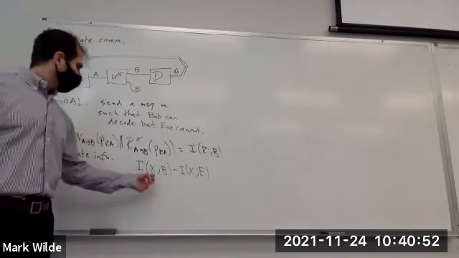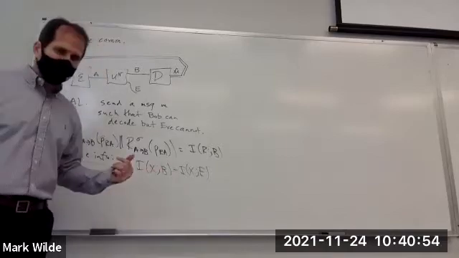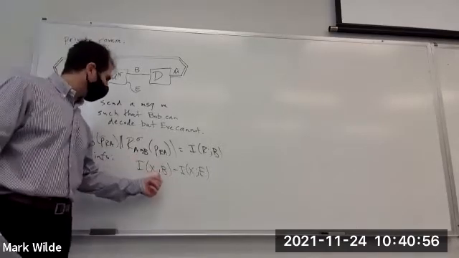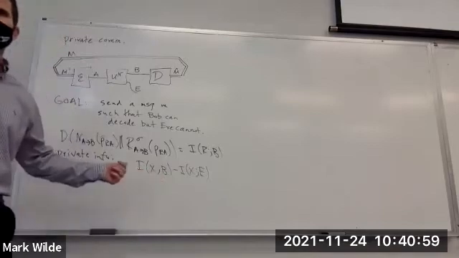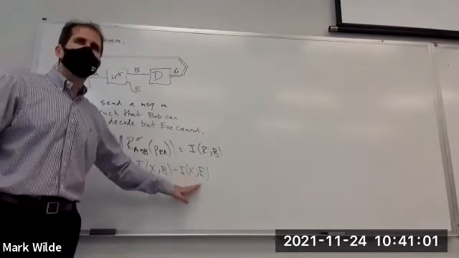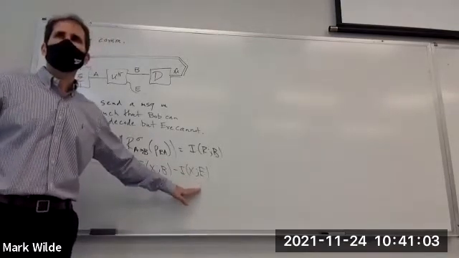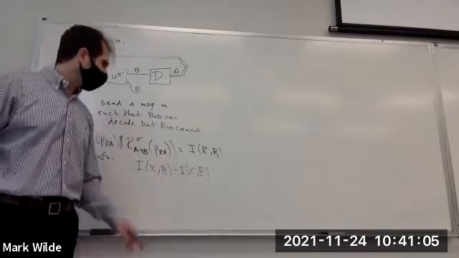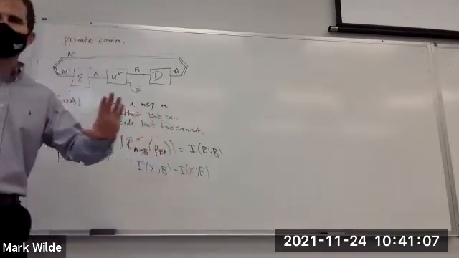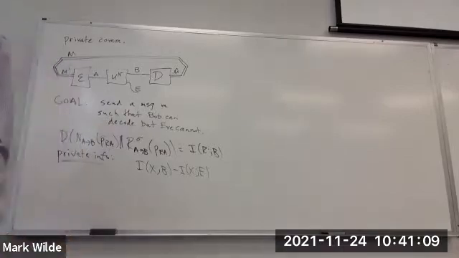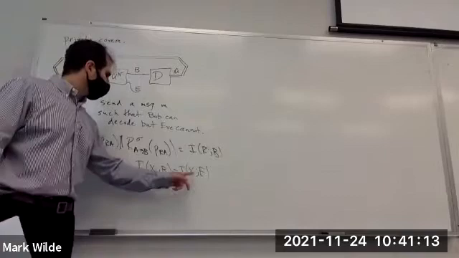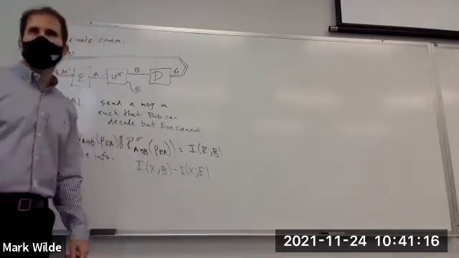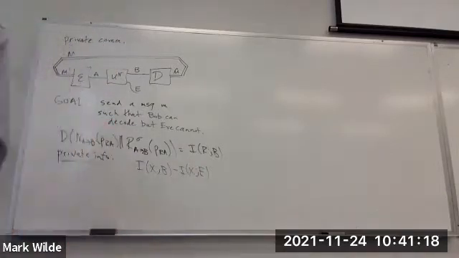So the rate at which you can send messages privately will be this difference. This is the rate at which Bob can decode classical information. But if you want it to be secret, you have to pay this price. You have to cut off this amount of information to make sure that what you're sending to Bob is secure from Eve. So not every channel will be such that this quantity is strictly greater than 0, right?